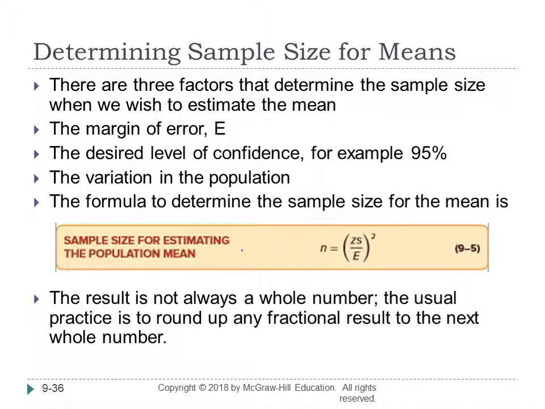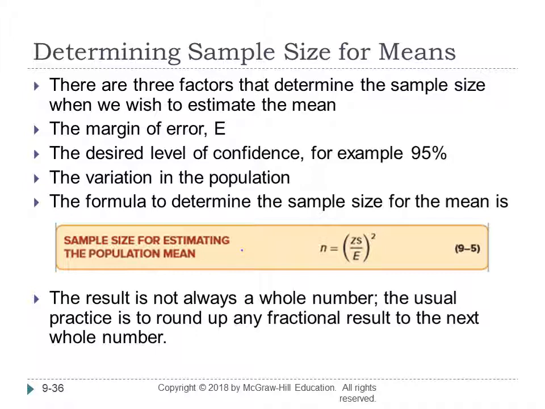The desired level of confidence, one example we worked with was 95%. You could do 90%, you could do 98%. The level of confidence will also affect the sample size. And the last thing, of course, is the variance, the variation of the population, as measured by sigma, for example the standard deviation.